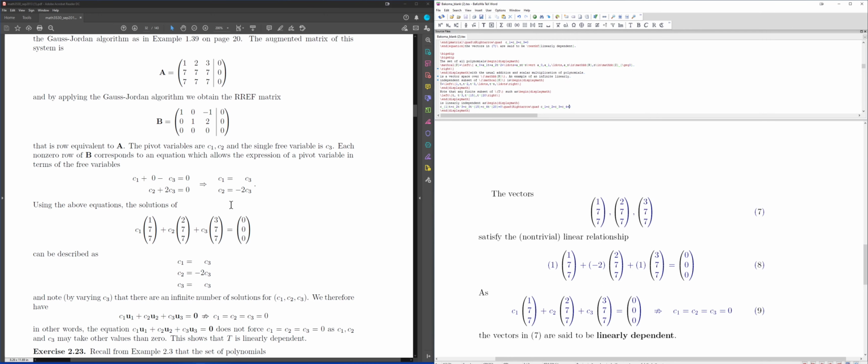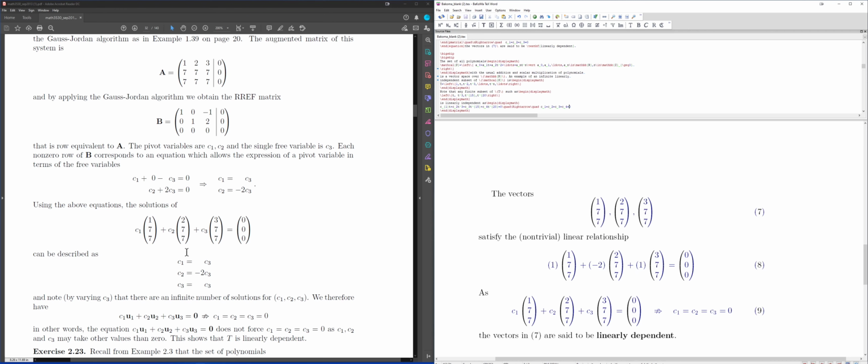So C3 equal to 1 gives me C1 equal to 1, C2 equal to minus 2, and C3 equal to 1. So we see that when C3 is equal to 1, we get a solution here.